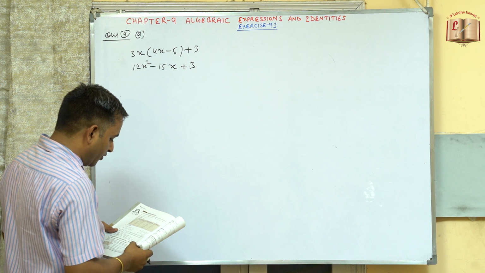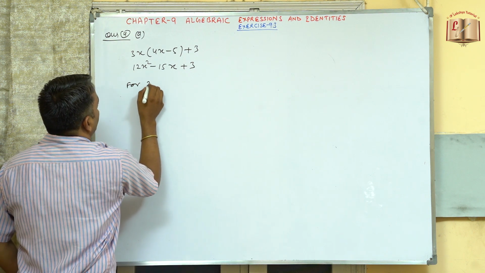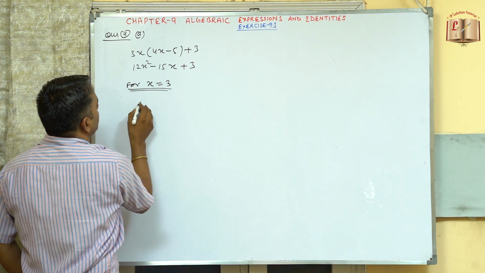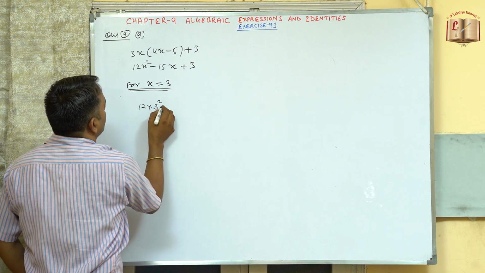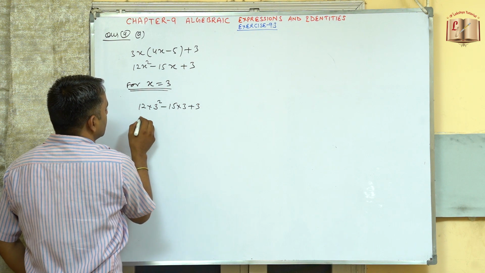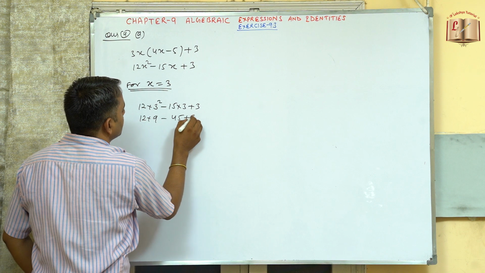Now we will find the value for x equals 3. Here we will substitute x equals 3, so this is 12 into 3 square minus 15 into 3 plus 3. So this is now 12 into 9 minus 45 plus 3.